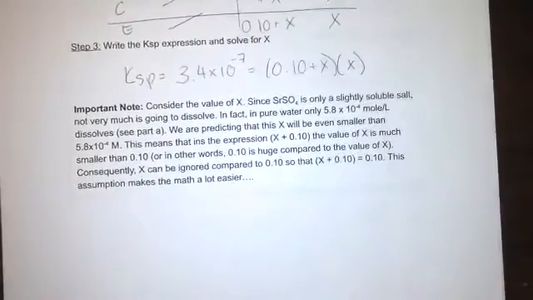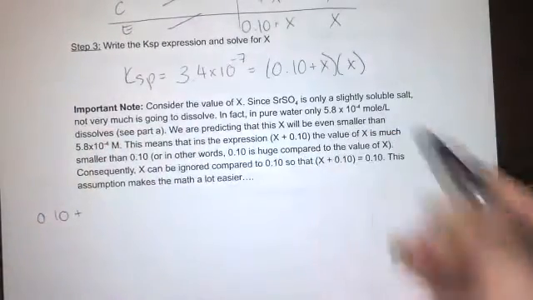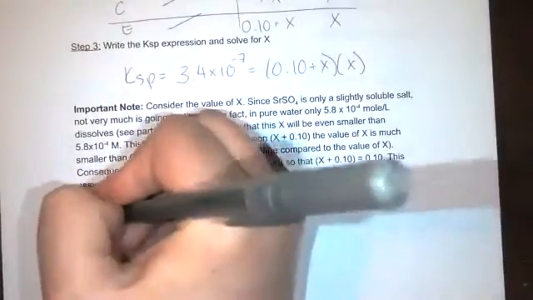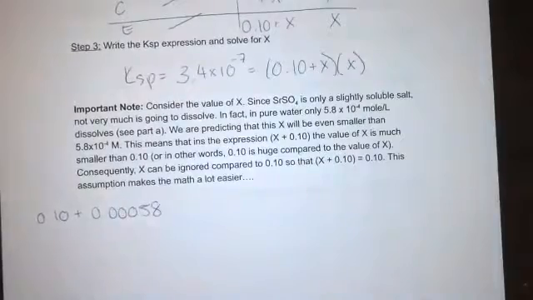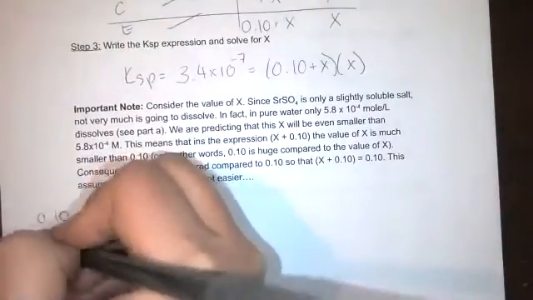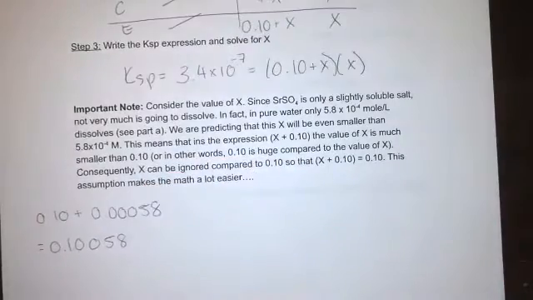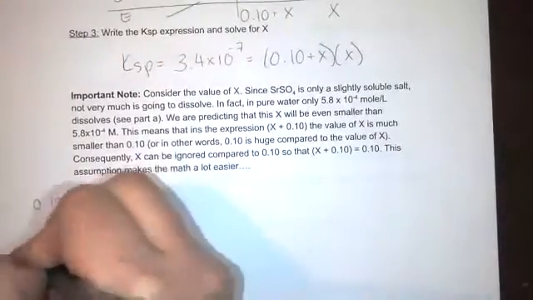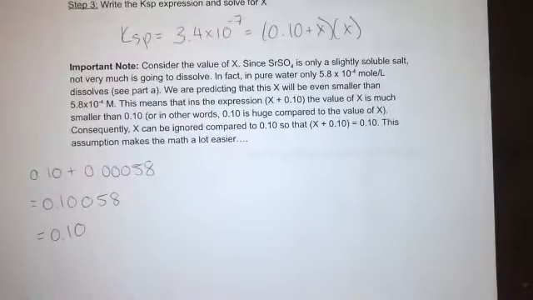So let's look at this. I have 0.1. Let's say that our solubility was the same, even though we know it's going to be smaller. I'd be adding 0.00058, right? Together, this is going to give me 0.10058. So if I'm still going to my 2 sig figs, because that's what I had, my answer is still 0.10.